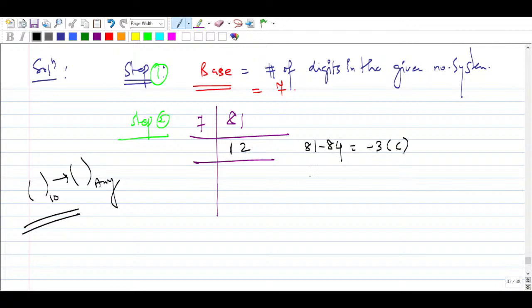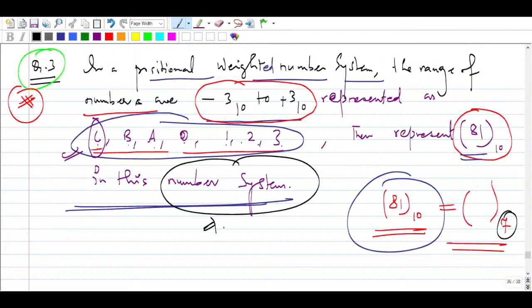You can say this is C, and then you can go for 2 times, right? So again you will get 12 minus 14, which gives -2, designated as B. And then you can go for the last step, you will get 2, because symbol 2 is present here, you can see in the given number system.